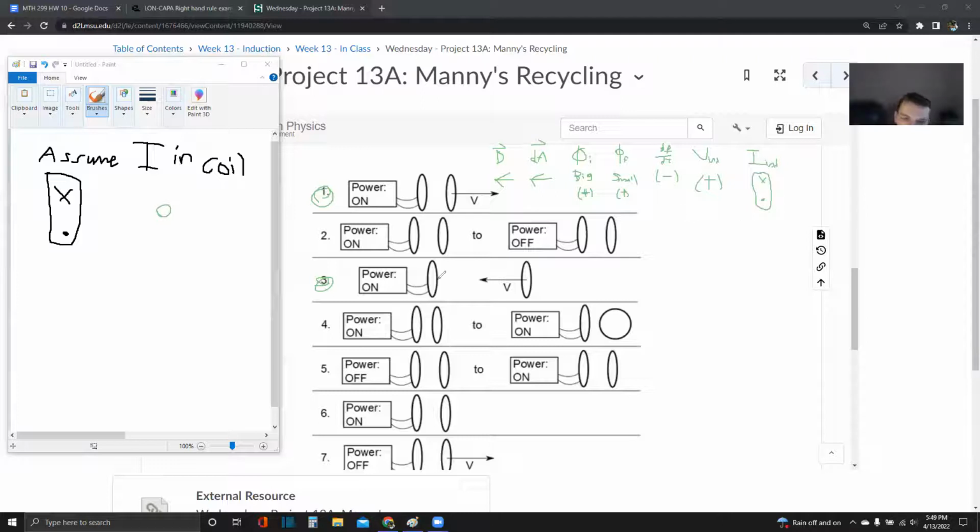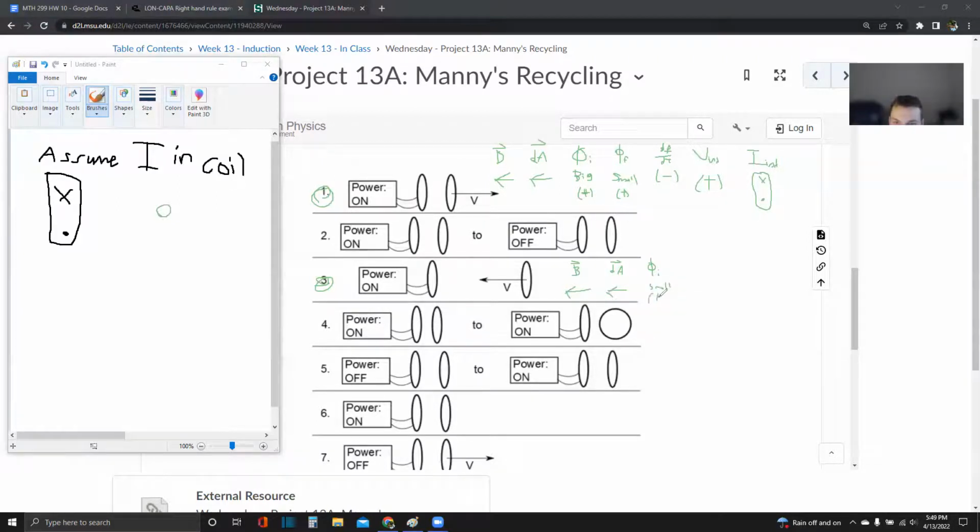Okay, for number 3, same thing. The B field is going to the left based on our assumption. The area vector, we'll say, is also going to the left. For the initial flux, this time it's opposite, where it's actually getting closer. At first it's going to start out relatively small, but over time it's going to get larger and larger as that coil gets closer.